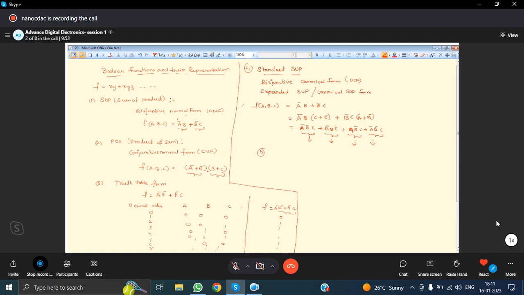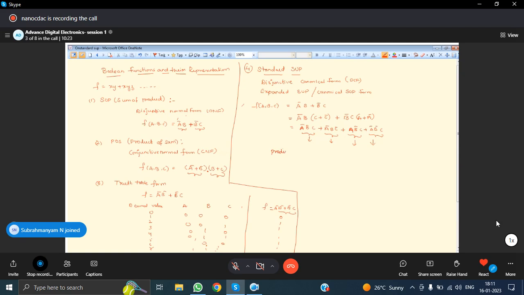And the fifth one is, let us suppose here one more thing I forgot to tell you. This is SOP form, right? In this SOP form, these are all the product terms, right?